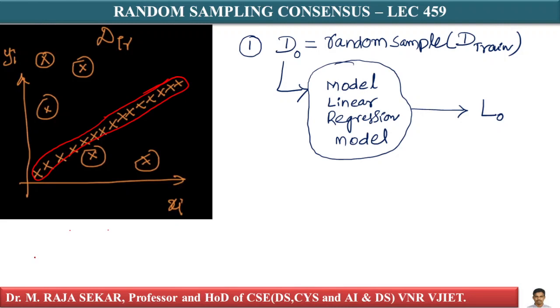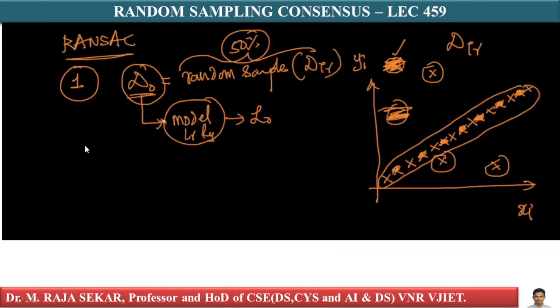Now, when I build a model from sample data, let's assume these points are not in the random sample. They are not in my random sample D0.